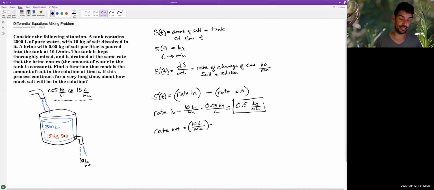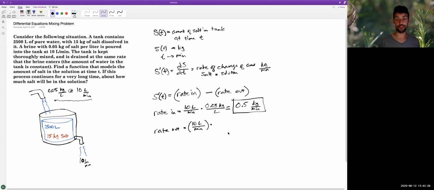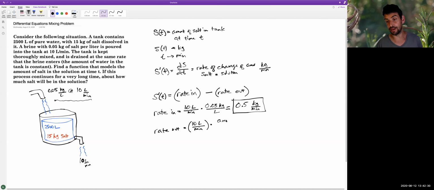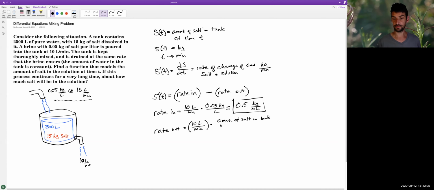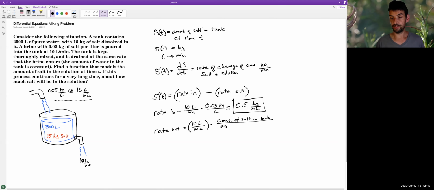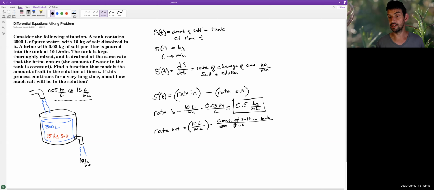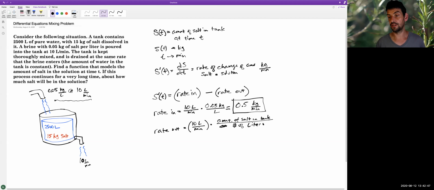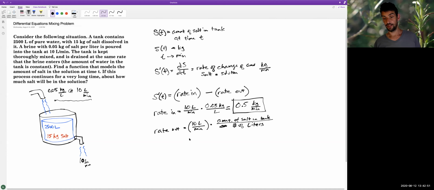Well, what's the current concentration going to be? It's going to be the amount of salt in the tank divided by the number of liters. That's just what a concentration is.